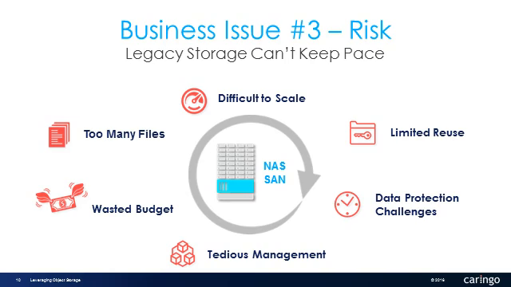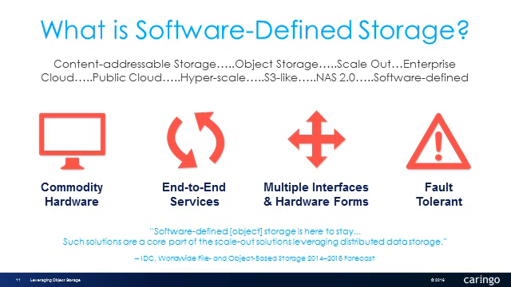So what are the general characteristics of software-defined storage? There's content addressable storage. I've heard object storage, scale out, enterprise cloud, public cloud, hyperscale, S3-like, S3 compatible, next generation NAS, NAS 2.0.